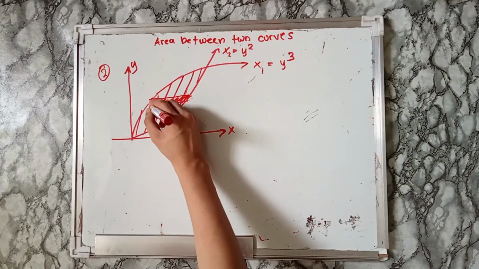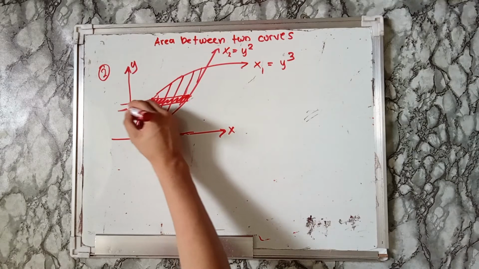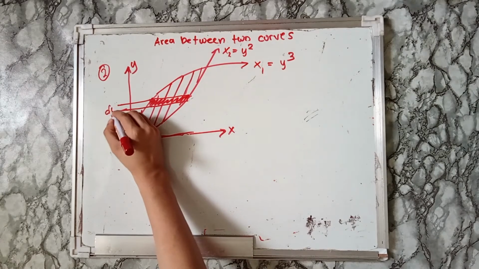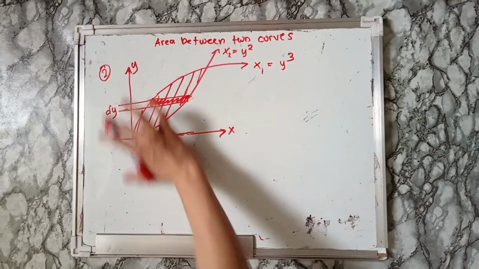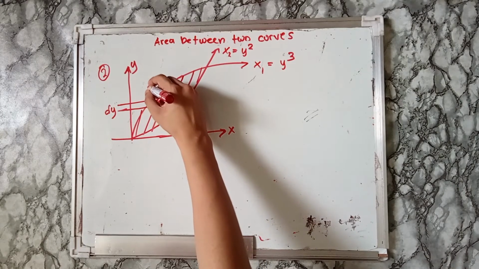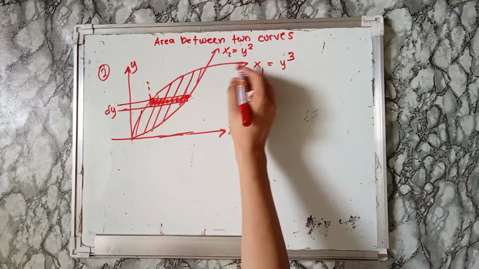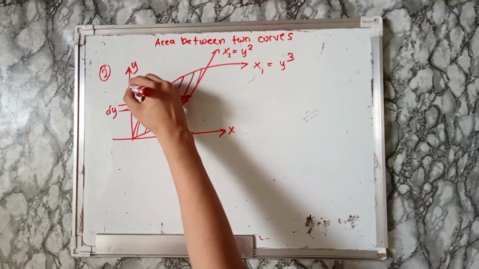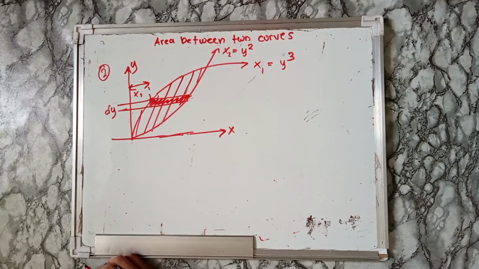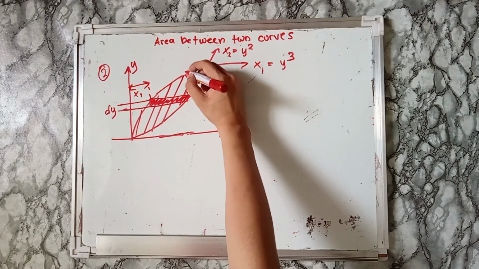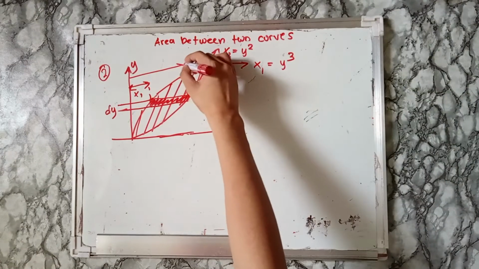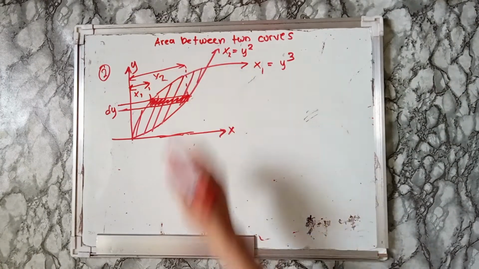If I use a horizontal strip, this is our dy since it's along the y-axis. Let's say the distance of our curve here from the y-axis is x sub 1, and the distance of our curve here from the y-axis is x sub 2.